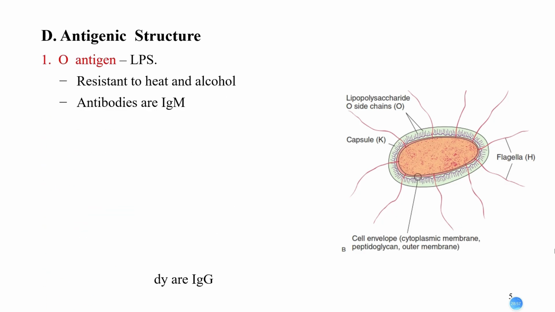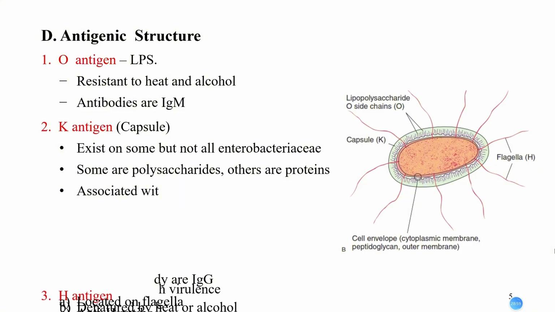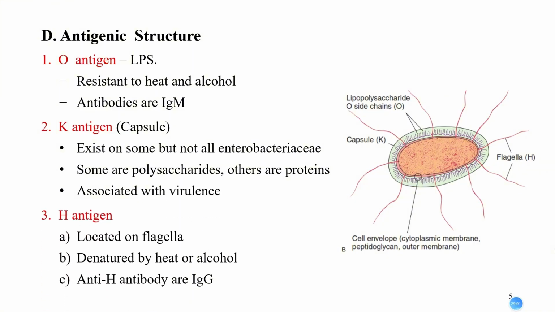For the antigens, this big family has some common antigens. First of all, this big family are all gram-negative bacteria. Gram-negative means that they should have the outer membrane, so they have the lipopolysaccharide, LPS. Which means that all of them should have the O antigen, the outer part of LPS, the polysaccharide antigen.